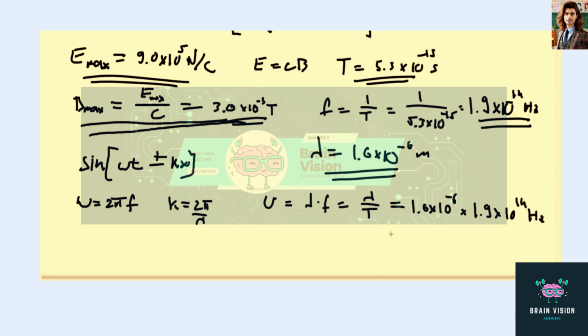If you work this out, this is approximately 3.0 times 10 to the 8 meters per second, which is just the speed of light. So this is an electromagnetic wave that travels at the speed of light.